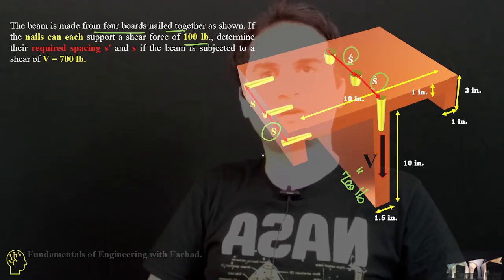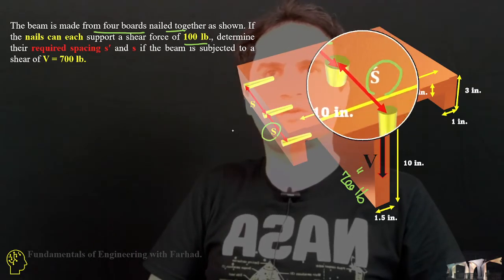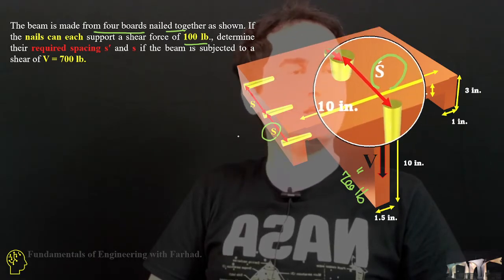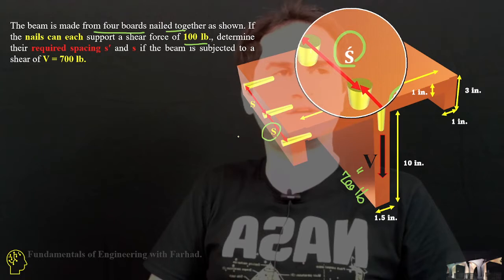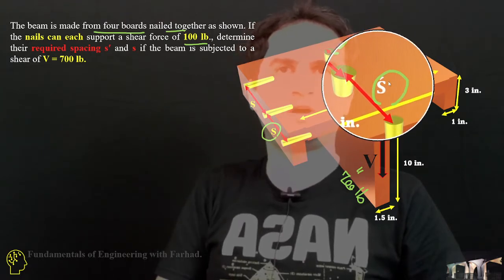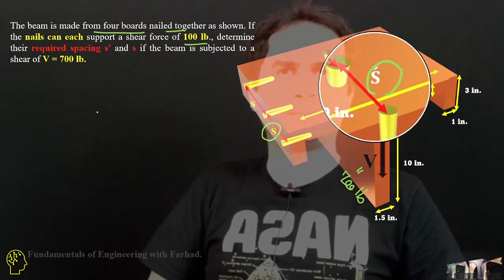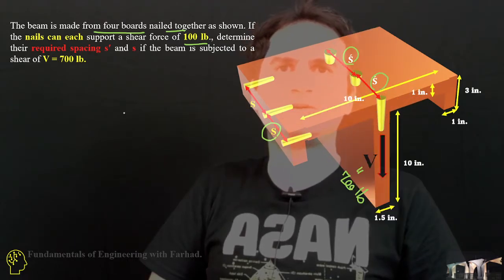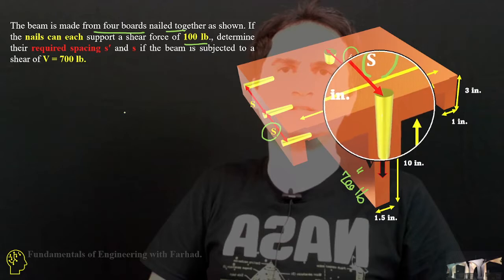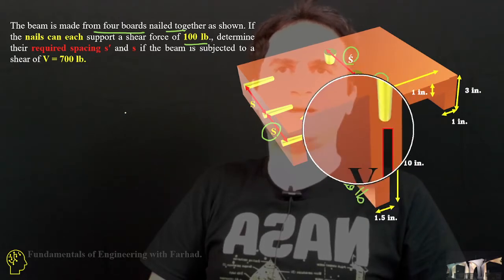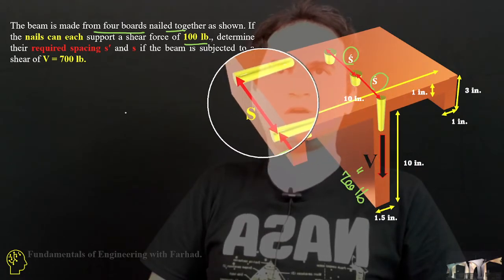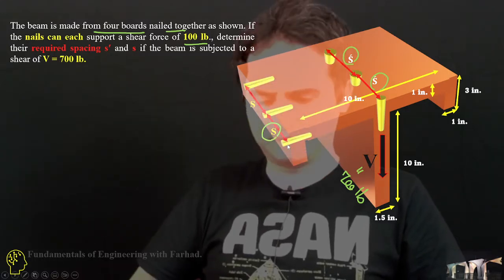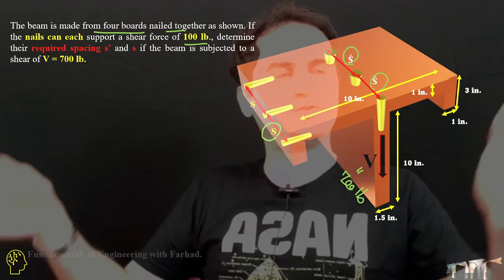So there are two sets of nails with the same capacity, the same material, different spacing. One of them connects the top flange to the web, as you can see here, and the other group of nails connects the extra additional part of the flange to the top flange.